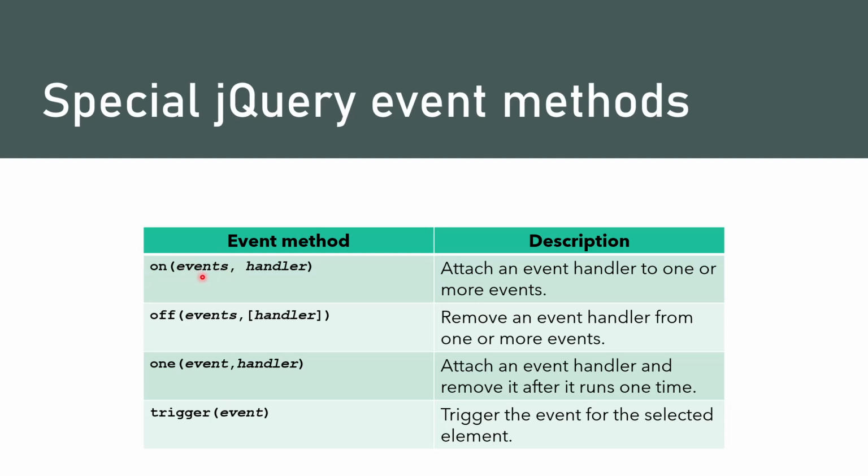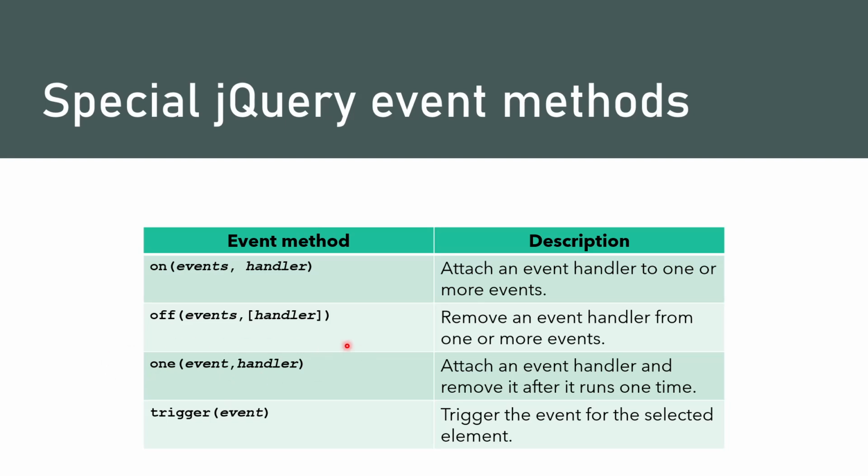So you could have click and double click, and then just put your handler in once. And off removes an event handler from one or more events. And one attaches an event handler and then removes it after that event handler runs one time.